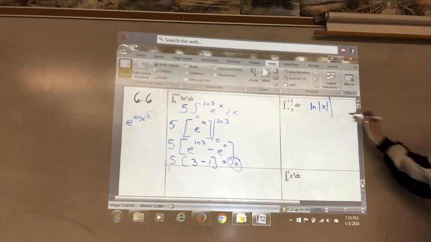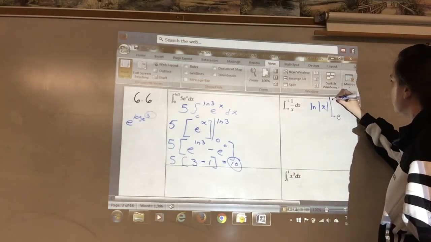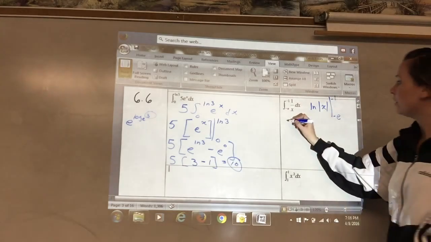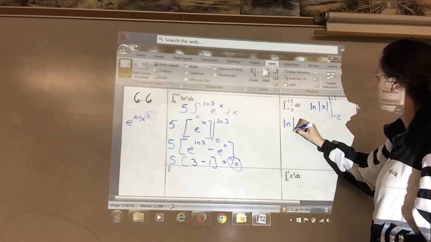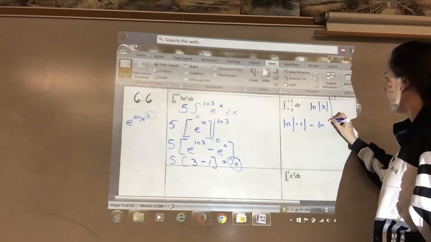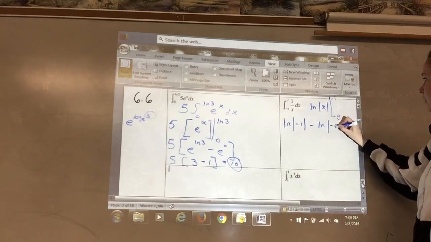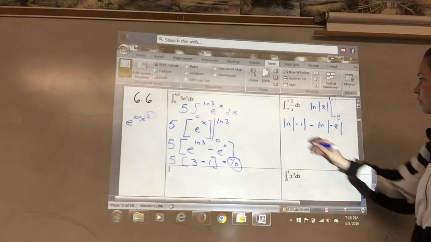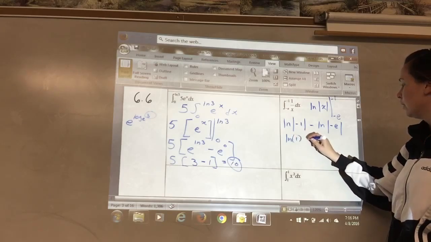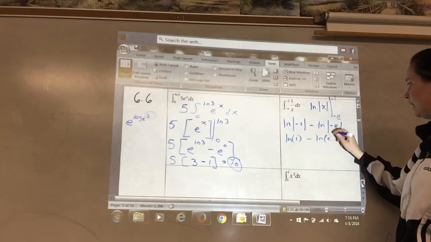Oh, it's a negative, or the opposite of e. It's a negative 1. Okay, so let's sub that in. So we have the natural log of the absolute value of negative 1 minus the natural log of the absolute value of the opposite of e. So this becomes the natural log of 1 and the natural log of e.